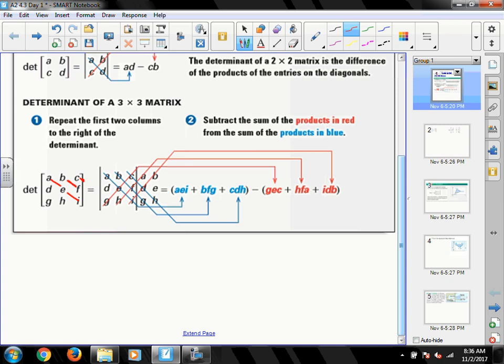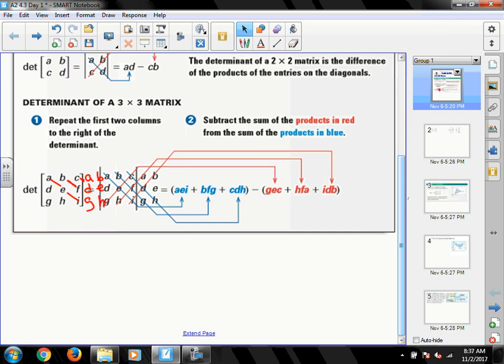So what you do is copy the first 2 columns to just to the right of the matrix. So A, D, G, and B, E, H.